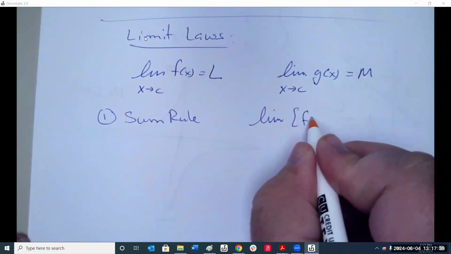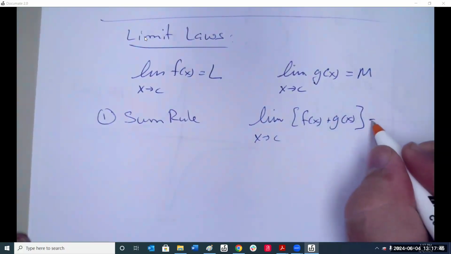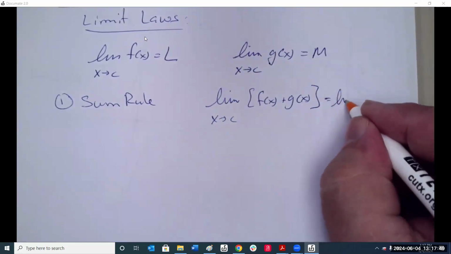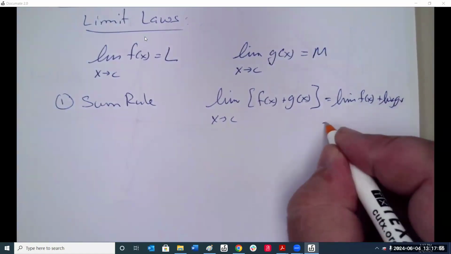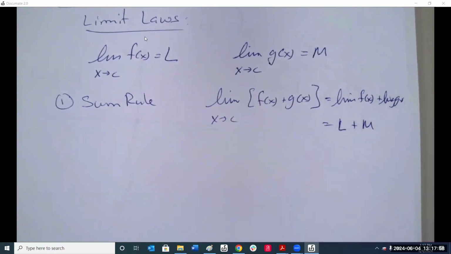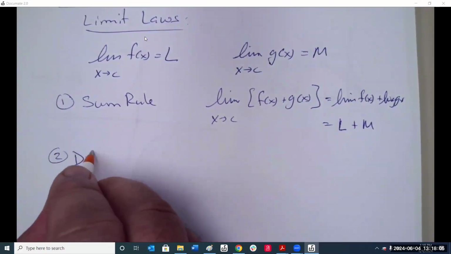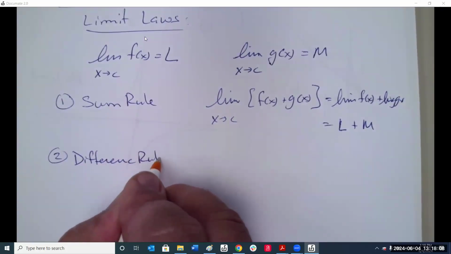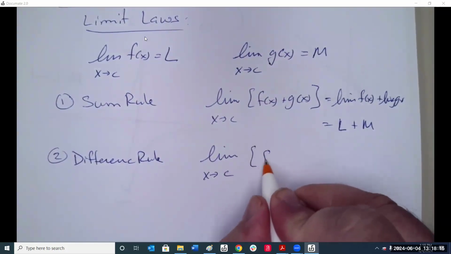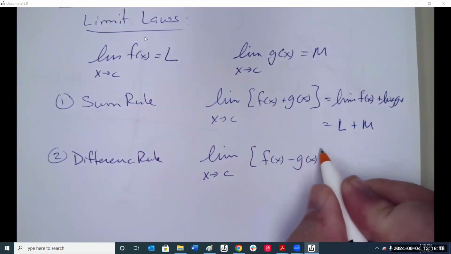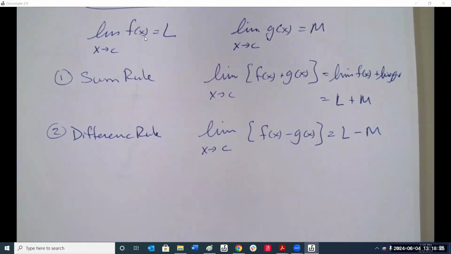The limit of f of x plus g of x as x approaches C is the same as the limit of f of x plus the limit of g of x, which equals L plus M. The difference rule is the same as this one. f of x minus g of x equals L minus M. We expand it the same way.